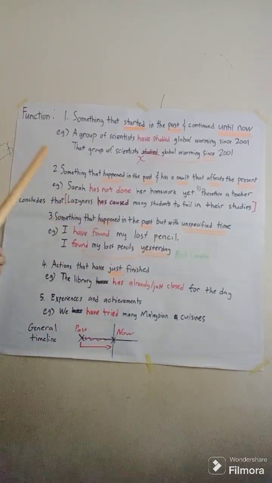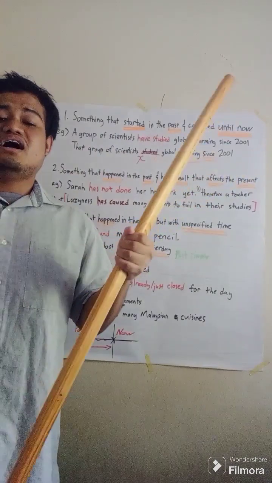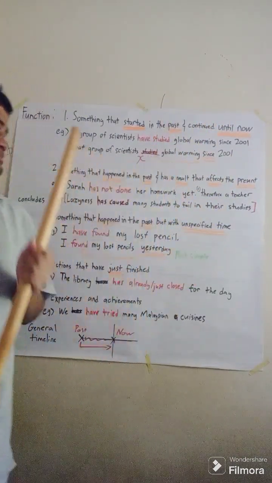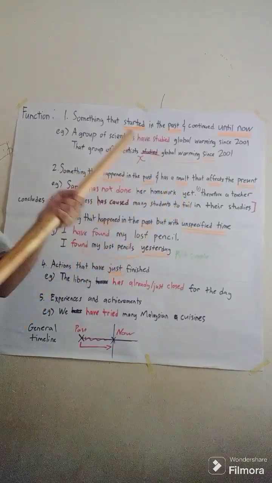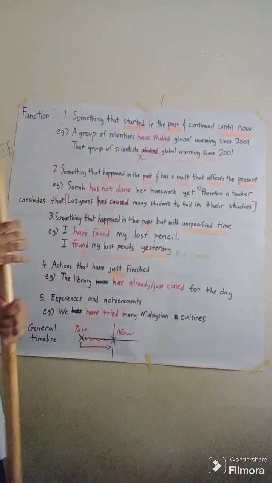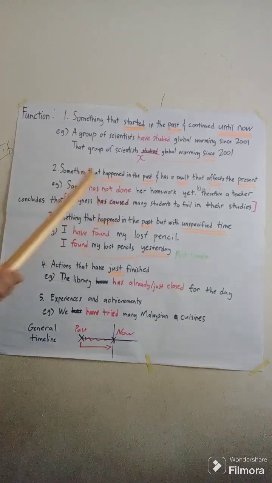Laziness here is a behavior that makes students fail their tests. So laziness is a behavior that affects student achievement. That's why we use present perfect simple for this sentence.